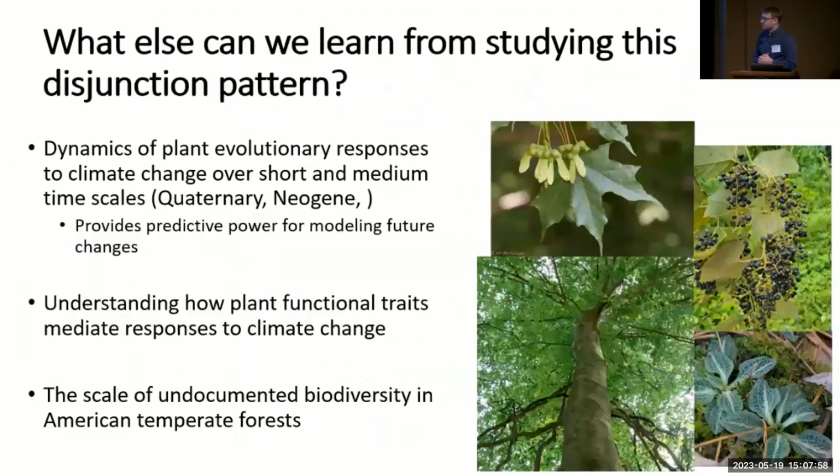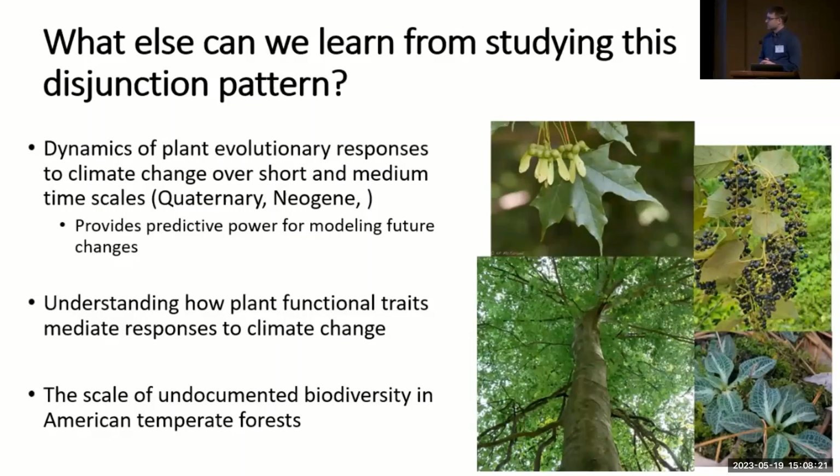Studying the evolutionary history of this disjunction pattern itself is really interesting, but we can also think about using this as a system for understanding the dynamics of plant evolutionary responses to climate change over the Neogene, and also more recently during the Quaternary.